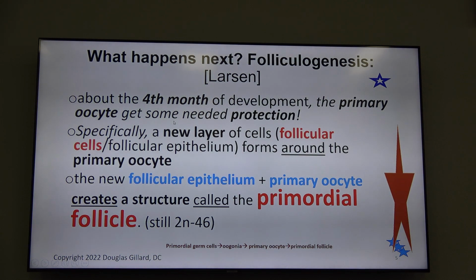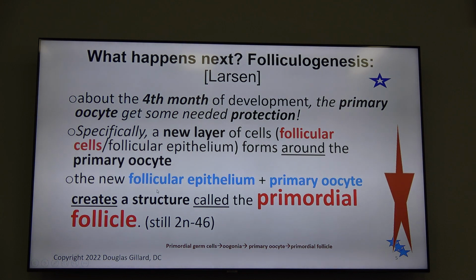It doesn't have any protection, so we need to form a wall around it, and that's what happens first. So we get a new single layer of cells that form around it. And these cells are called follicular cells, or you could call this the follicular epithelium. And this surrounds and walls off our little primary oocyte.